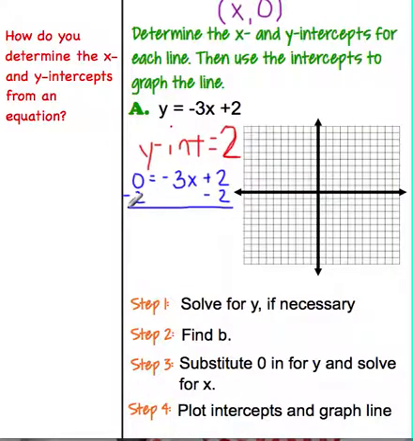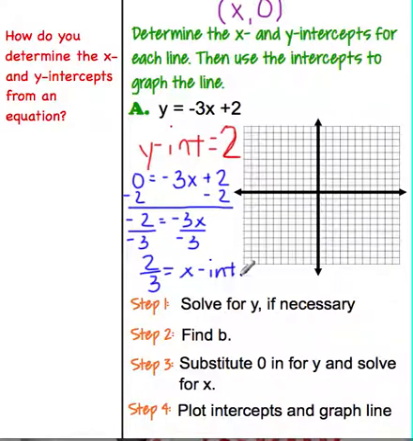That gives us negative 2 equals negative 3x. We're just back to solving equations. So then we will divide by negative 3 on both sides, which is going to give us positive 2/3, because a negative divided by a negative is positive, is equal to x, which means that this is our x-intercept.